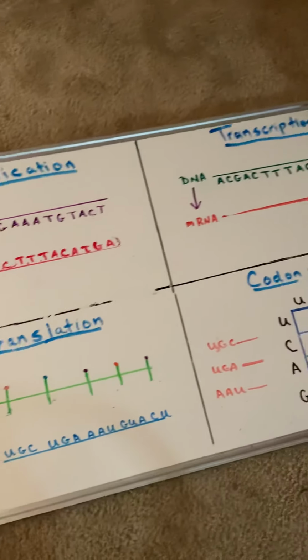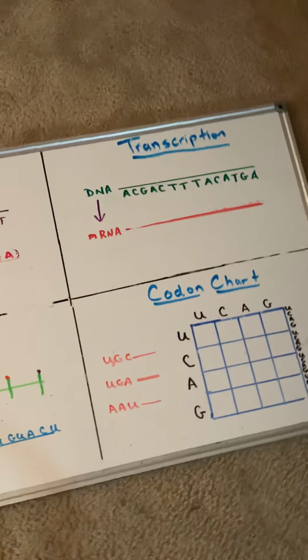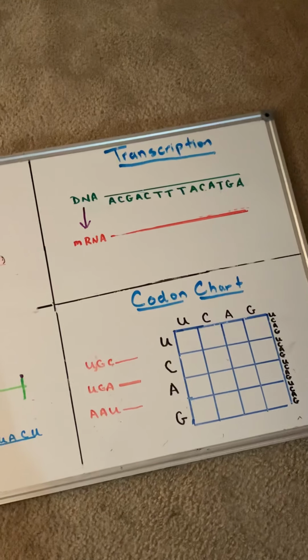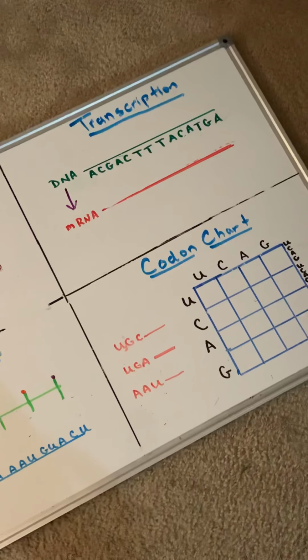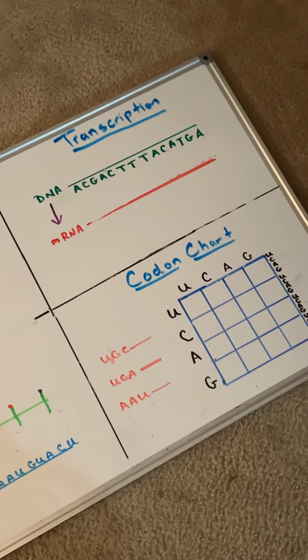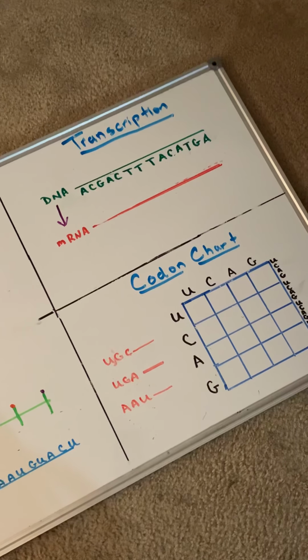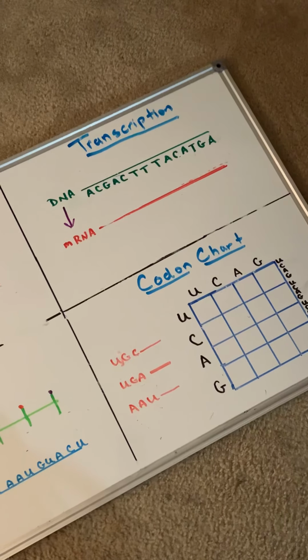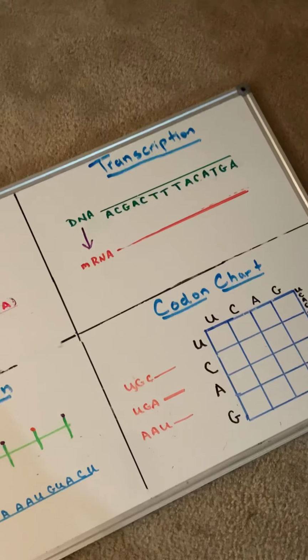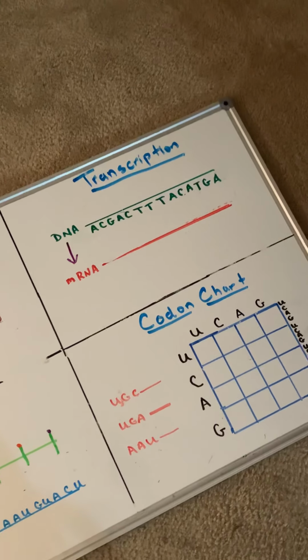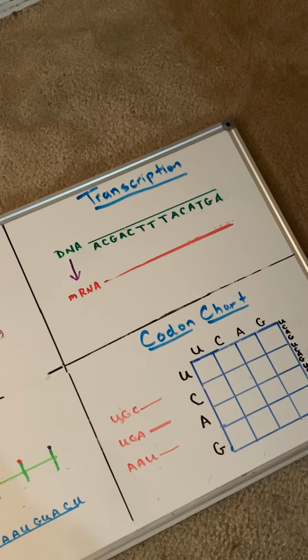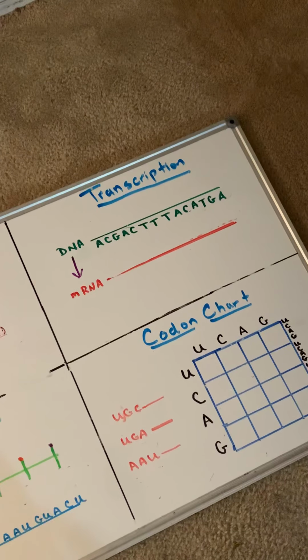So now, once DNA has copied itself, DNA can go through transcription, which means that DNA is giving messenger RNA the code. It's giving it the genetic code or instructions for making proteins. And it's going to do it through complementary base pairing.